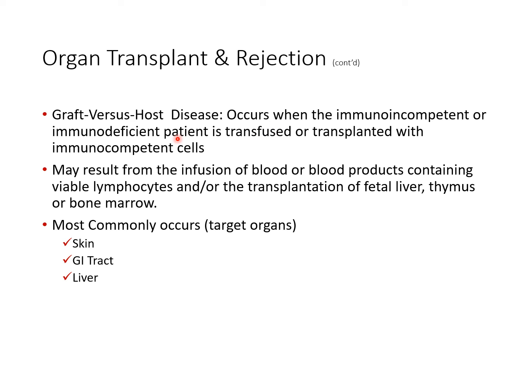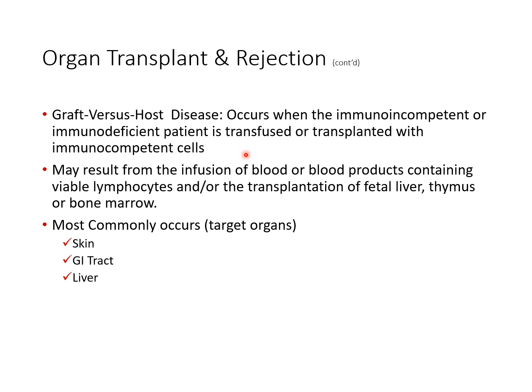So this is one type of rejection that can happen. And then we'll talk about the typical type later on, and I think in a couple of slides. But I do want you to be aware of this particular type of reaction that can happen. So the donated graft sees the recipient, the host, basically as foreign, and it rejects it, and it gets upset.